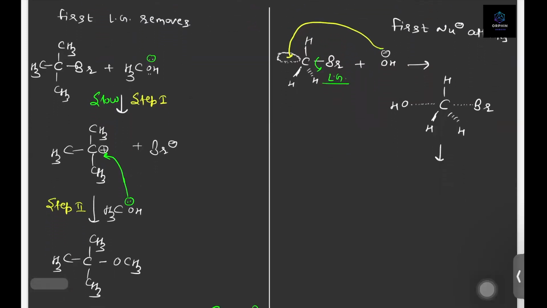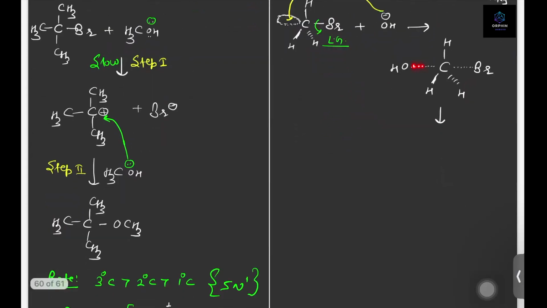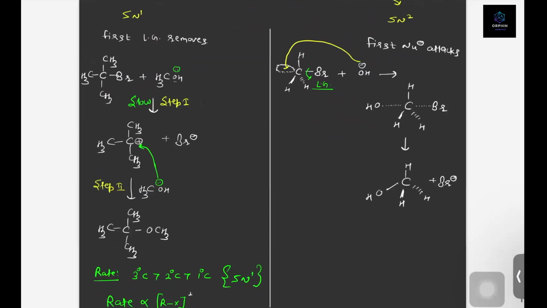Then after that, the Br bond will break, because the new bond has completely formed now. So CH3, this is OH, this is hydrogen, this is hydrogen, and this is the Br minus. So this is a one-step process, because whatever you are having now is the transition state. This is not an intermediate.